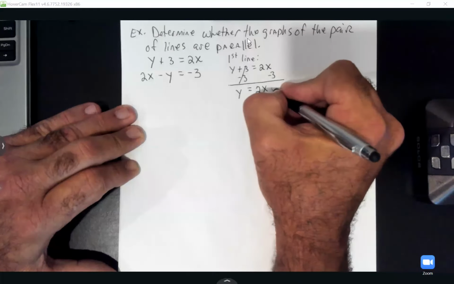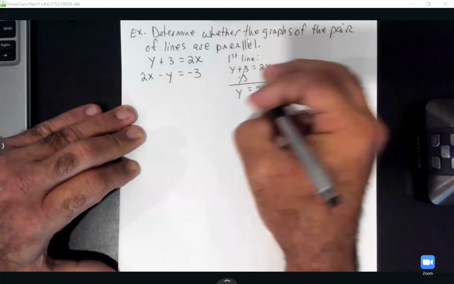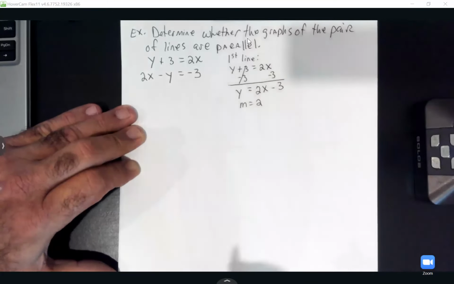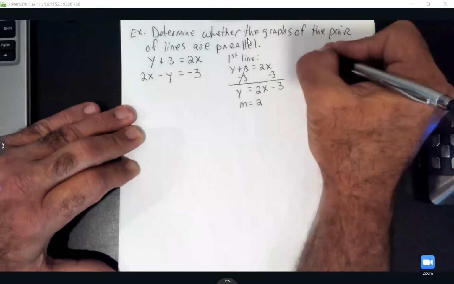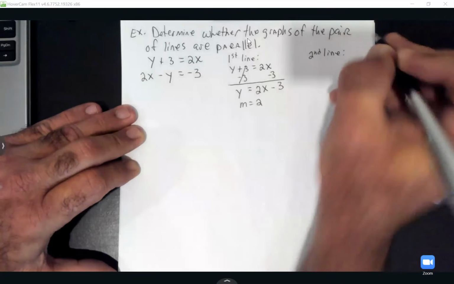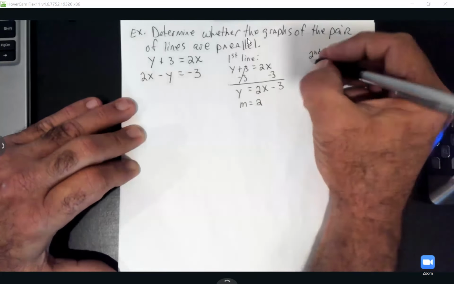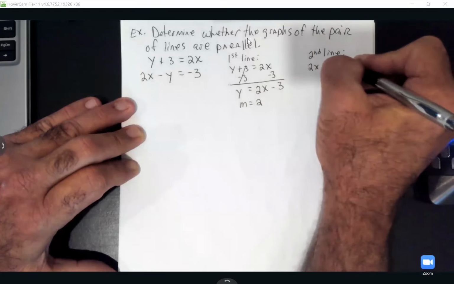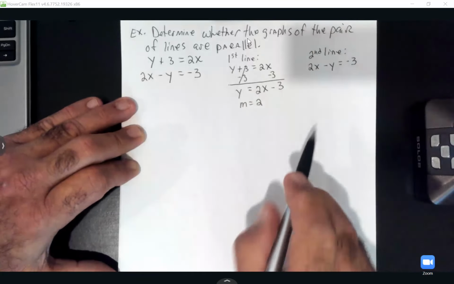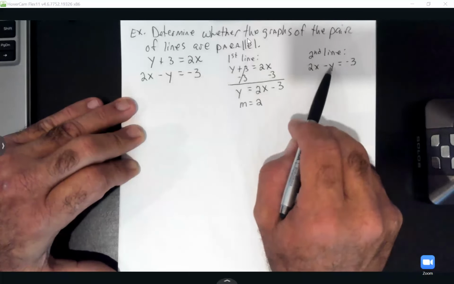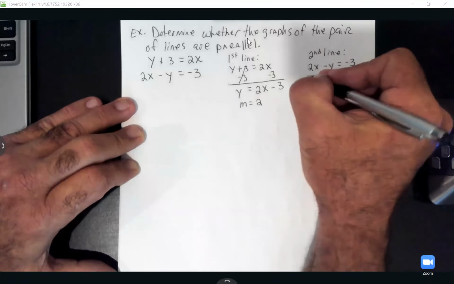So I'm going to have 2x minus 3. The slope of this line is +2. So then we look at the slope of our second line. Our second line is 2x minus y equals -3. We're going to solve this one for y. So first off, we're going to move the 2x by subtracting.